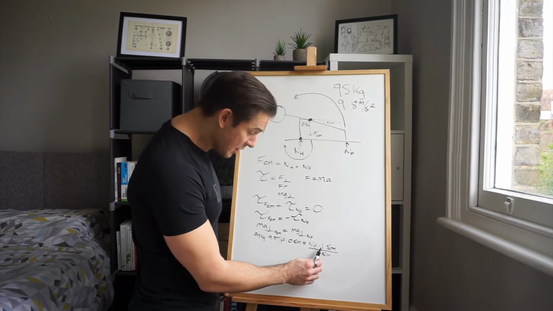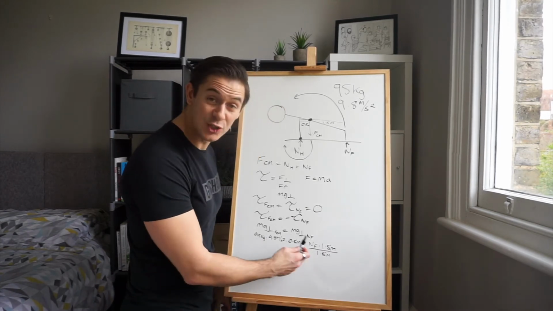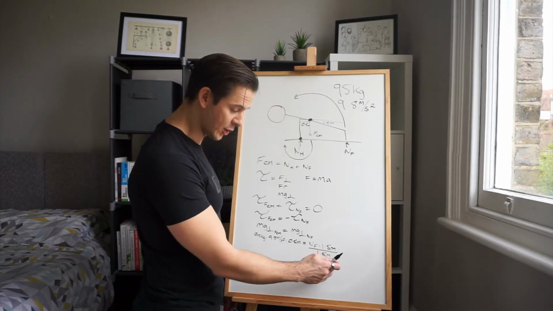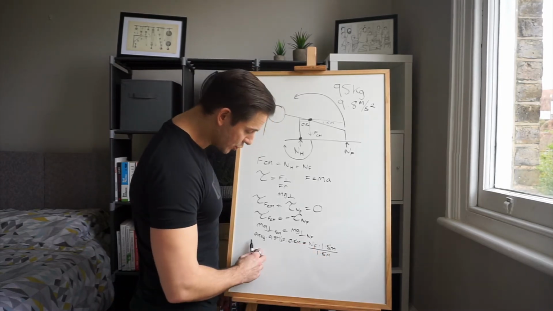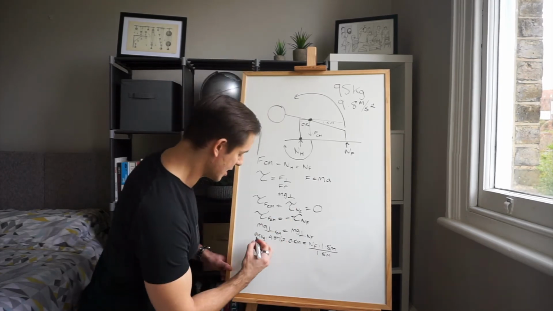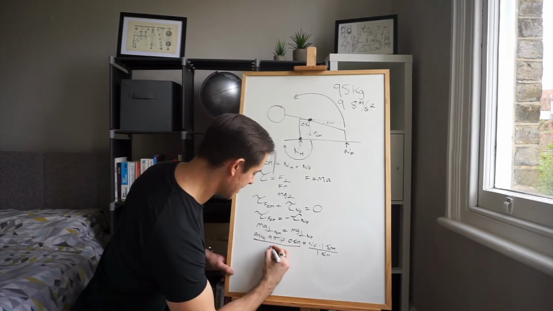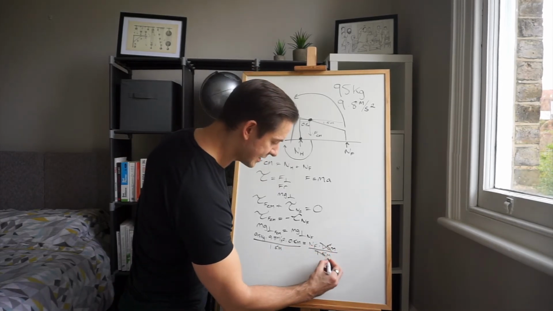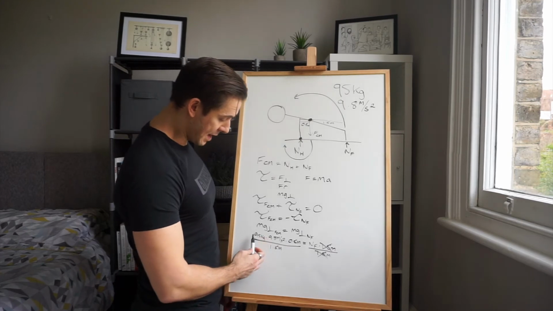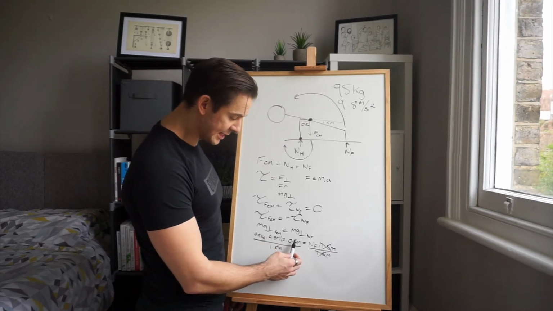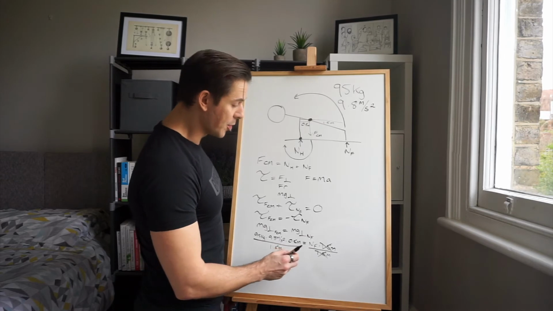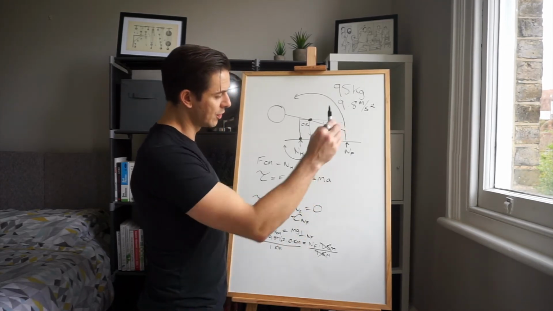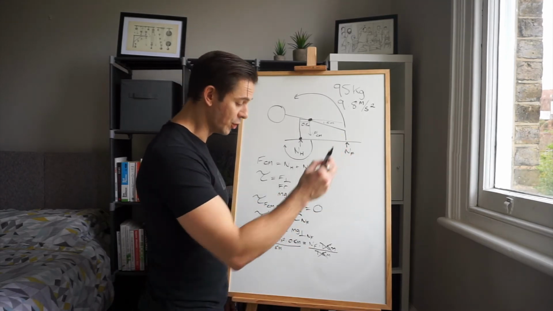And that means this thing must be exactly the same as this thing, otherwise it's not equal. So if we do something, anything to this side of the equation, to keep it equal, we must do the exact same thing to the opposite side. So let's do that. I'm going to divide this by 1.5 meters. And so now on this side, they cancel out. So mass times gravity times a perpendicular distance divided by the perpendicular distance of the other force leaves us with the normal force on the foot.